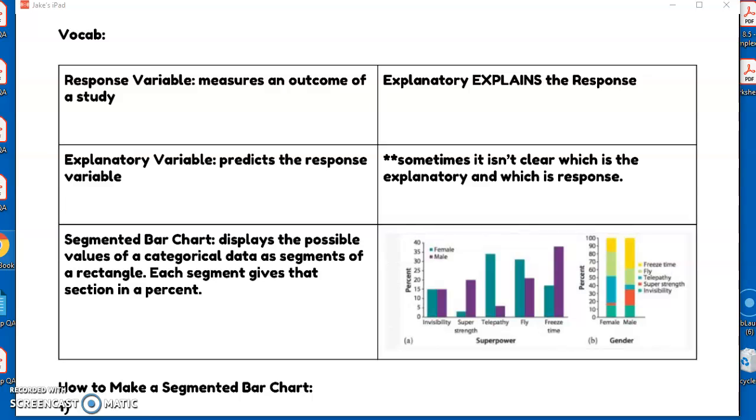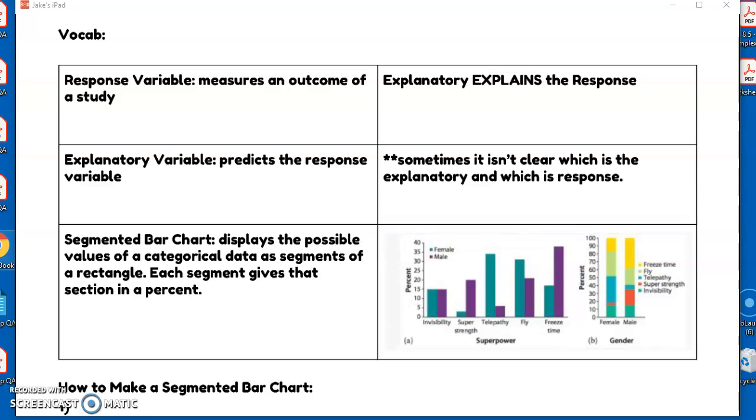Does someone's weight determine how tall they are, or does someone's height determine how much they weigh? The taller you are, the bigger chance of you weighing more. So we would call the height the explanatory variable, and the weight the response variable.